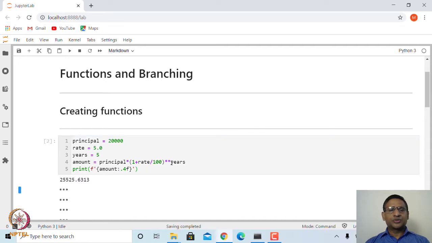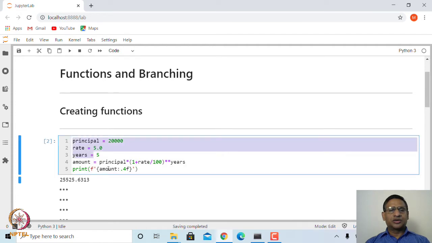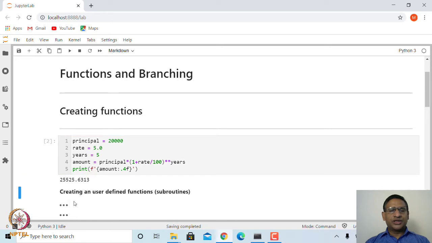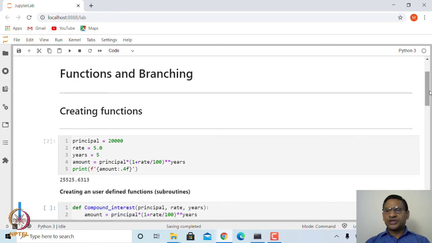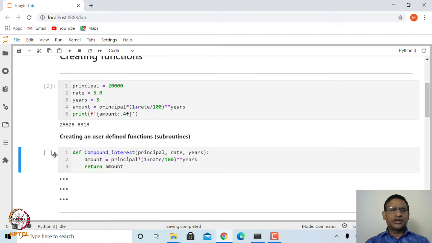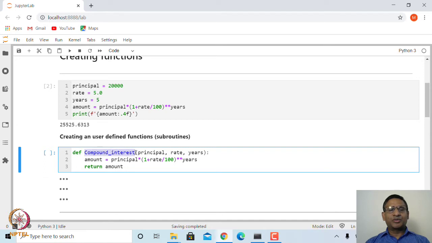Now, suppose we want to create a function for computing the amount returned when it is invested under compound interest. So, how do we do that? It is fairly simple. We simply write def and space, then write the name of the function.